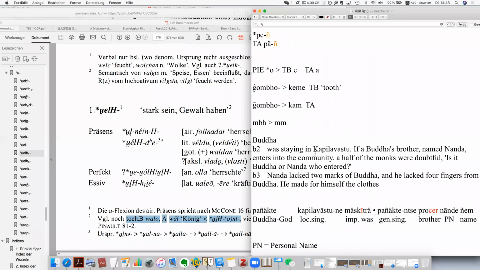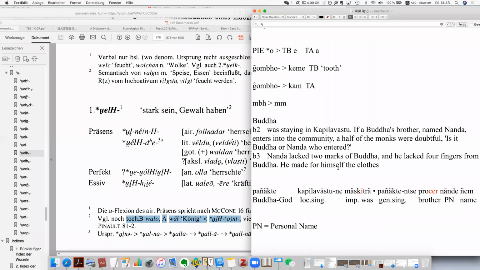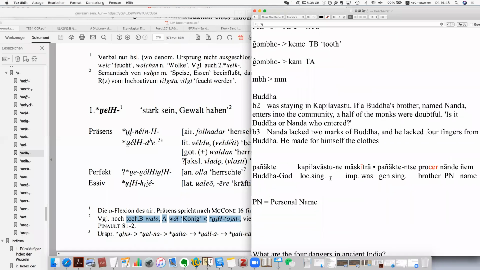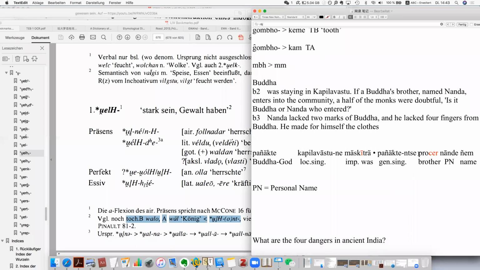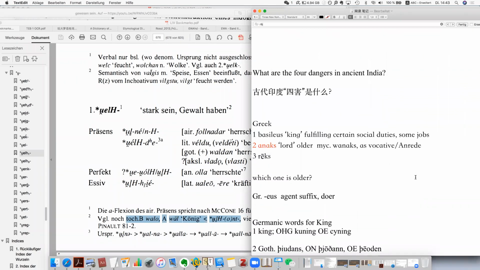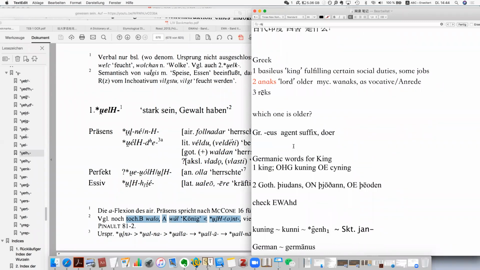Then we read a very simple sentence that the Buddha was staying in Kapilavastu and so on. And his brother, this is another kinship noun called procher. So you see per and b. And then we talked about the word for king in different languages, the etymology, and so on.